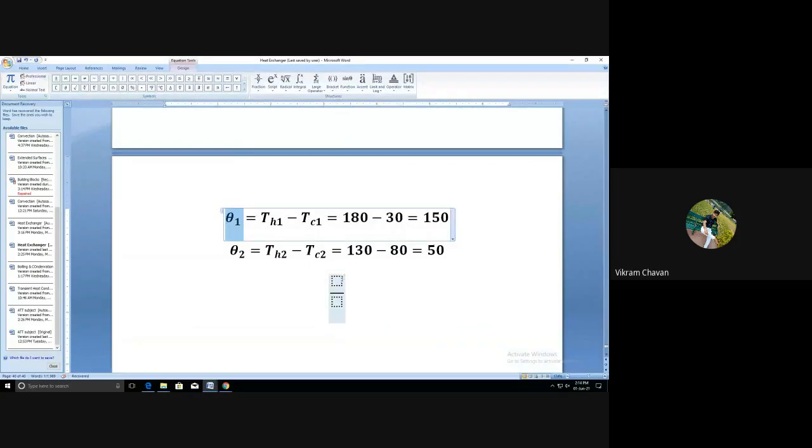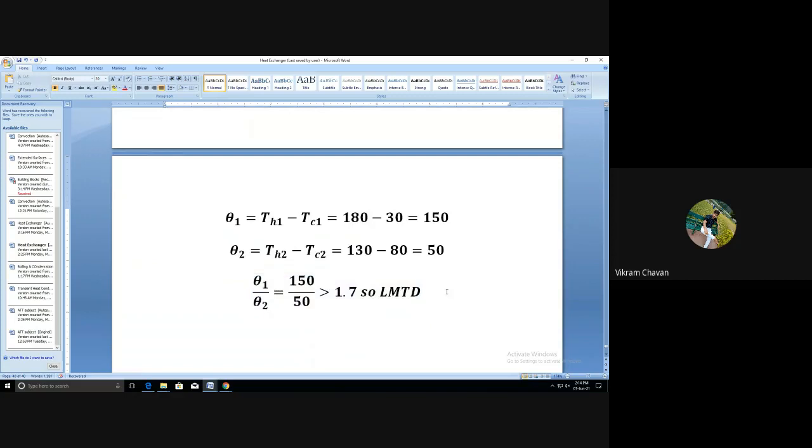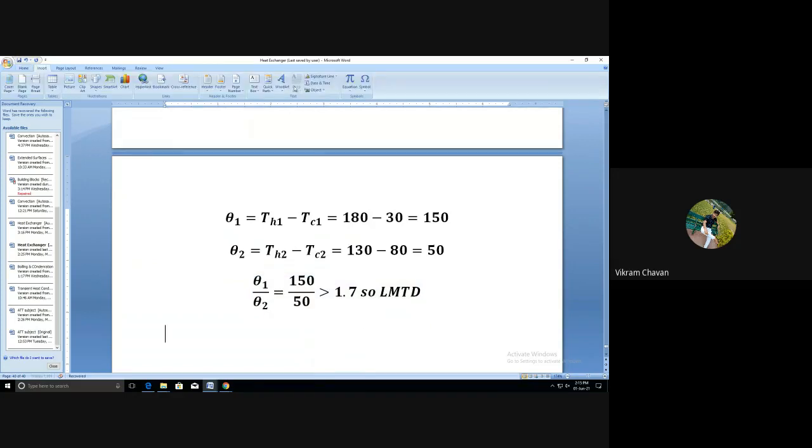So theta 1 divided by theta 2, how much is it getting? 150 divided by 50, which is greater than 1.7. So LMTD. The LMTD equation we have to consider.